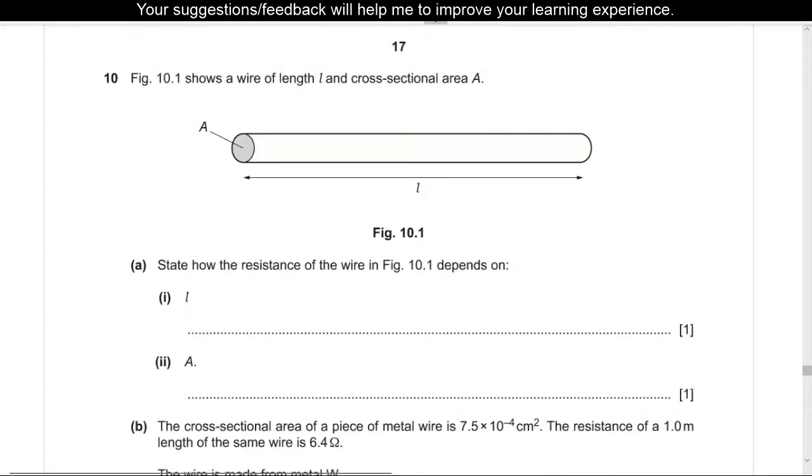Okay ji. Question number 10. Part A says how the resistance of the wire in figure 10.1 depends upon length and the area.